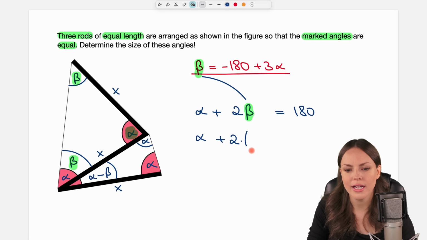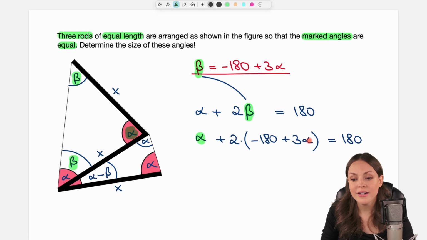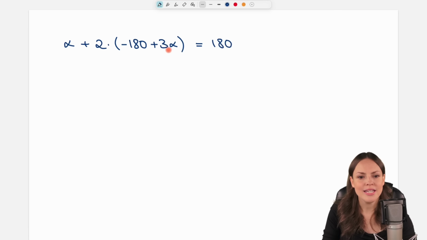We just have to write it in parentheses so that we have -180 plus 3 alpha in here, and this is equal to 180. And now we only have one equation. We only have one variable alpha in here, which is great because now we can solve this equation for alpha. Let's do this on this page here.